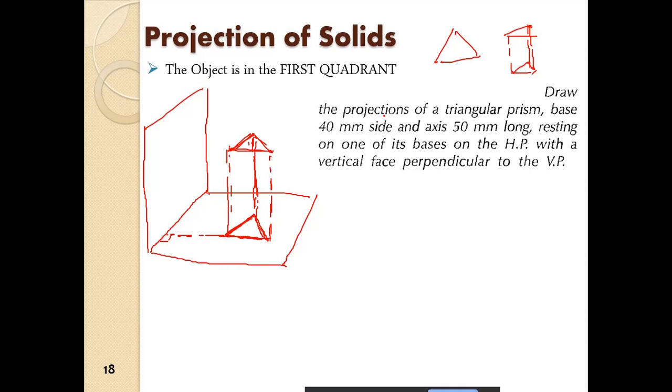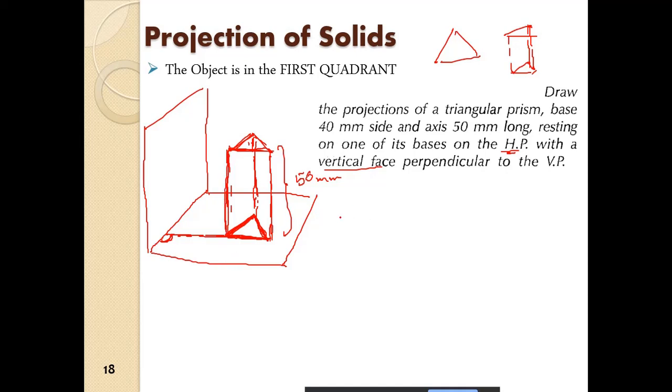Draw the projections of a triangular prism, base 40 mm side, so this is 40 mm, these all are 40 mm, and axis is 50 mm long, so basically the height is 50 mm, resting on one of its bases on the HP with the vertical face perpendicular to the vertical plane. So that is what it is.